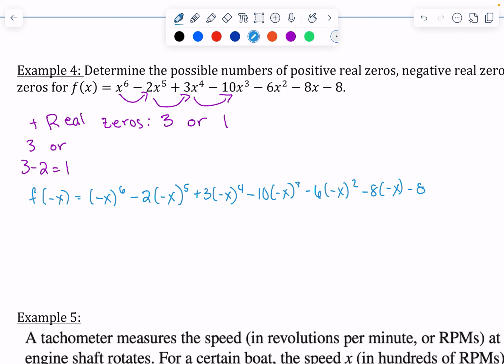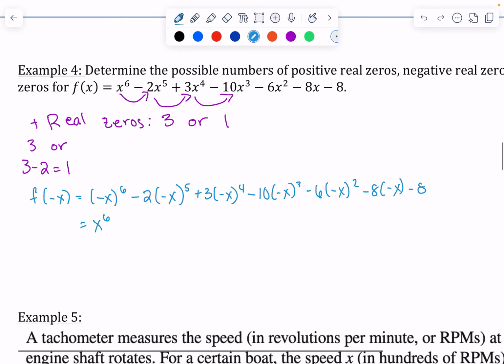Now, the easy way to approach this is that anytime you have negative x raised to an even power, it's going to become positive. So this will simplify just to positive x to the 6th. This part is going to simplify to positive x to the 4th, which if you multiply that by a positive 3 is just positive 3x to the 4th. Here, that simplifies to a positive x squared, but then you have that negative 6, so that's a negative 6x squared, okay?